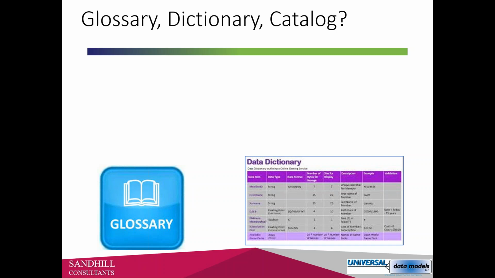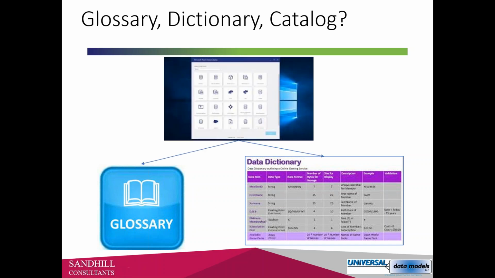In a data dictionary, you're going to see systems information, data types and formats, lineage and so on. The Universal Business Glossary is designed to jumpstart the glossary effort. Our universal data models, which is a different effort with a whole bunch of data models, are designed to jumpstart the data dictionary effort. And then you have a catalog, which is a view into both the glossary and the data dictionary, and it also shows the mapping between them.